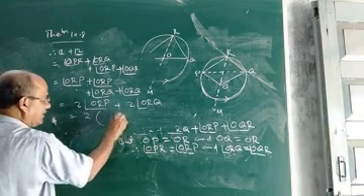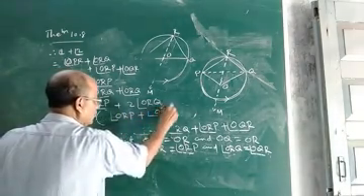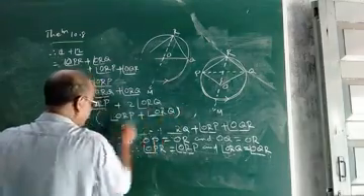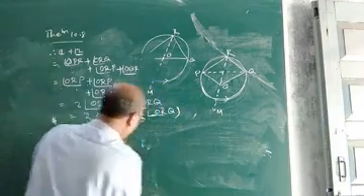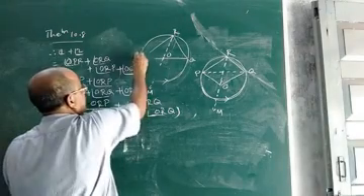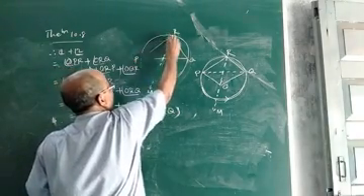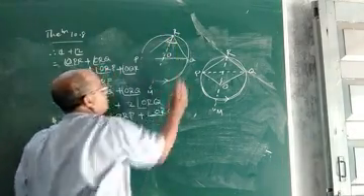You will get angle ORP plus angle ORQ. Now see, if you add these two, angle ORP plus angle ORQ, it will give you which angle? Angle PRQ.